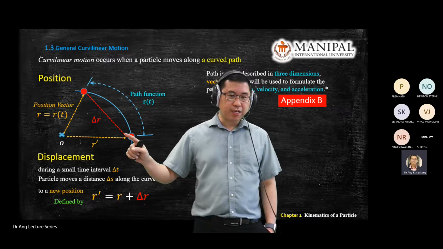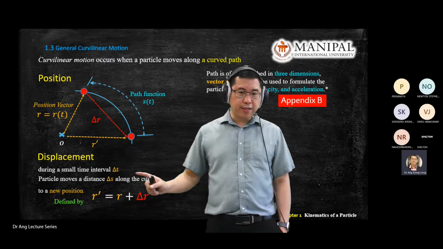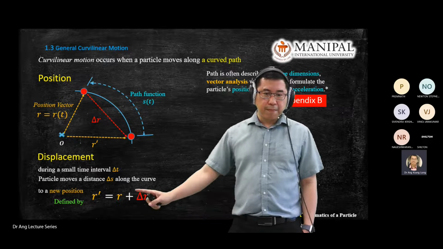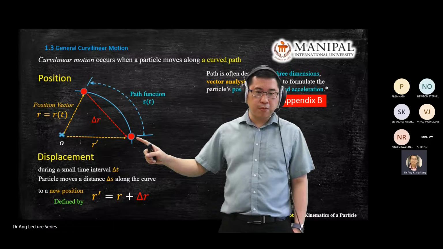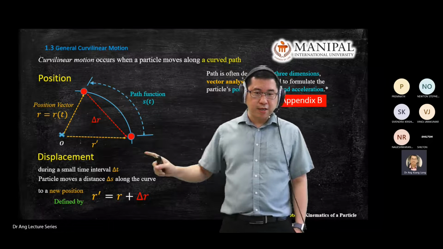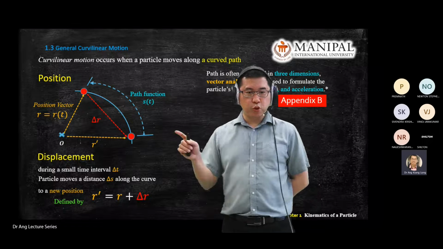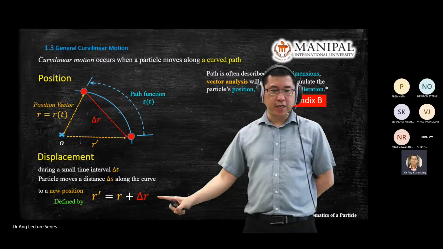So in this case, as you can see from this diagram, R prime is the one that gives you the end result. R plus delta R will give you the sequence of vector motion in this equation. Okay, I hope you can see how you derive from this diagram to here.